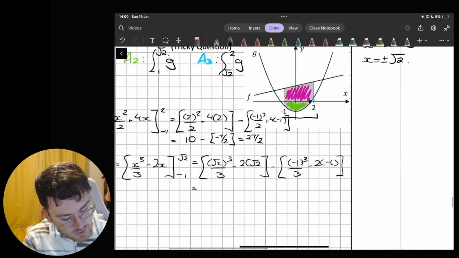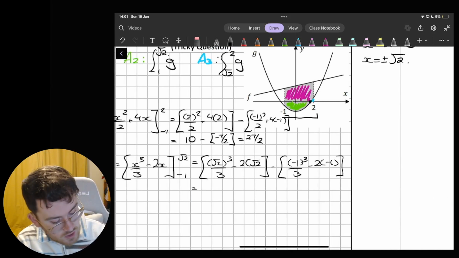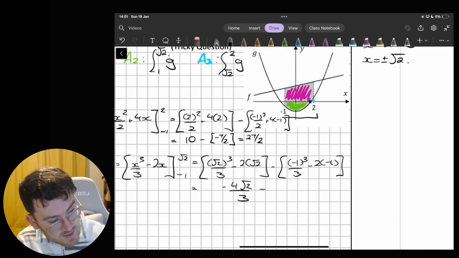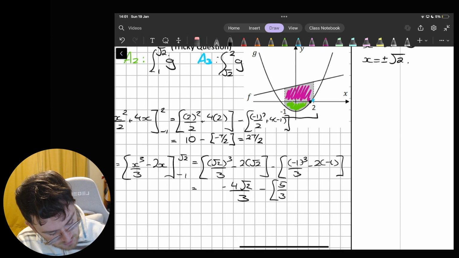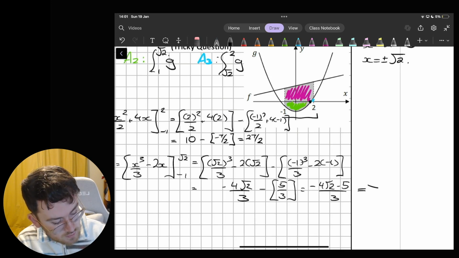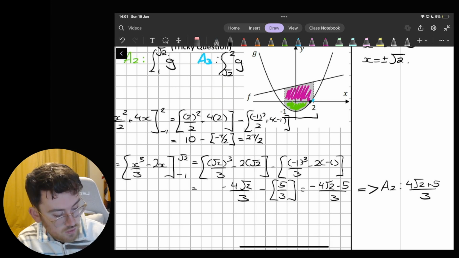Okay, so working that out, let's see where that takes us. That's going to give me an answer of -4 √2 over 3 minus 5 over 3. So -4 √2 minus 5 over 3, which means area 2 is 4 √2 plus 5 over 3.